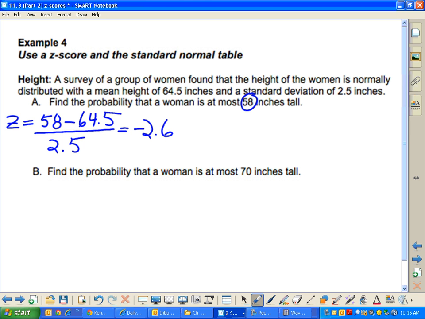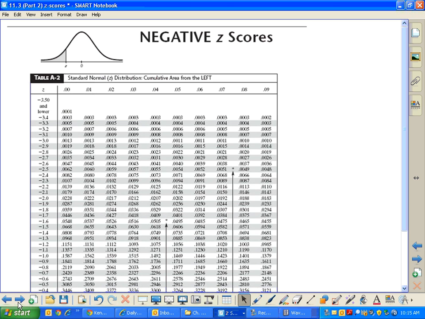To find the probability of the event being at most 58 inches tall, we have to go to table A, our z-score chart. Looks like that. Step 1, make sure you're looking at the right side. We did calculate a negative z-score. Notice one side is for your positive z-scores. The other side of your standard normal table is for negative z-scores.